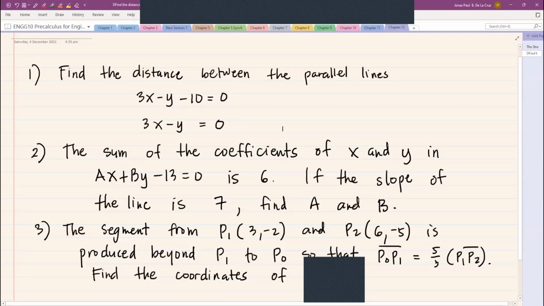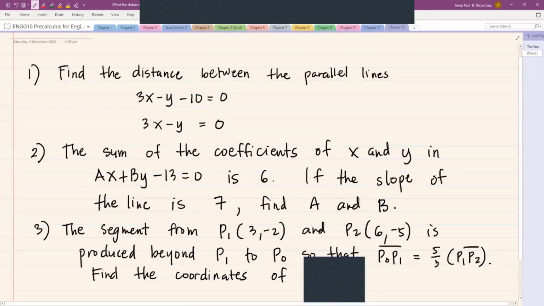Ilagay nyo yung pangalan, saka group number doon sa taas ng papel ninyo. Yung file name nito, last name underscore first name initial underscore group number. Ganyan dapat yung file name lang ipapasa ninyo. Okay? Your group number depends on your breakout room number.